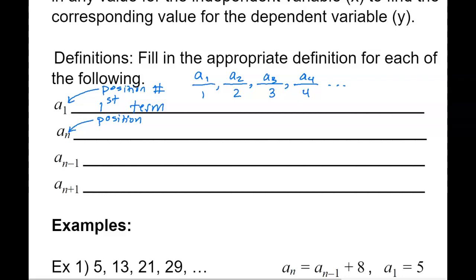So a sub n is what I like to call the term you're trying to find, or your current term. There isn't really a good name for this one. If a sub n is your current term, what do you think a sub n minus 1 would be?